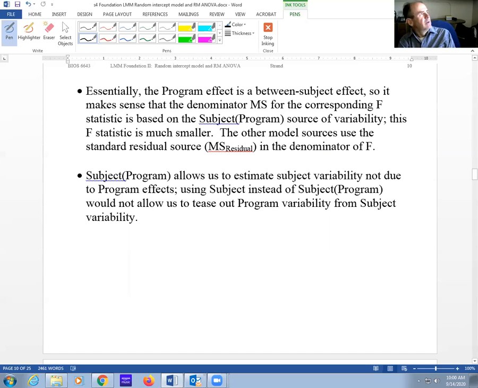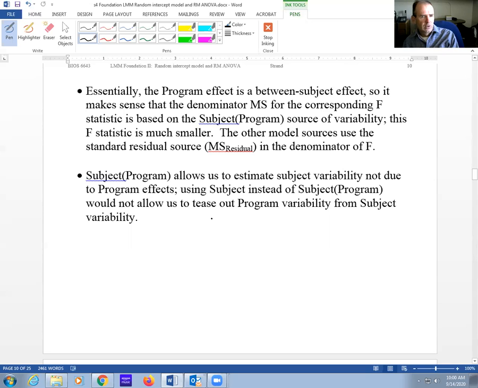Sorry, I'm going back and forth. You can call it a between subject source of variability, subject within program. I think that's fine. So that makes sense, to use that source of variability in the denominator.